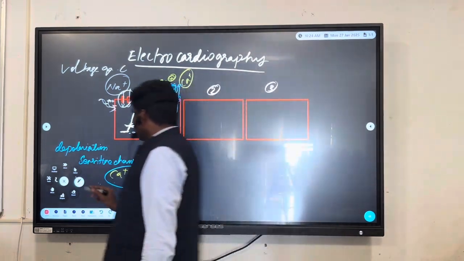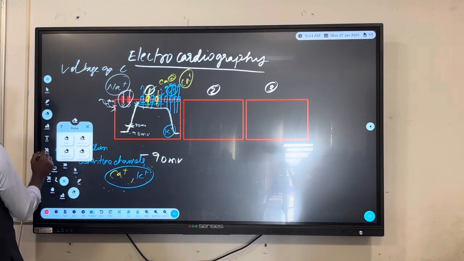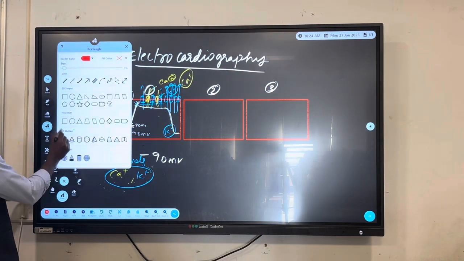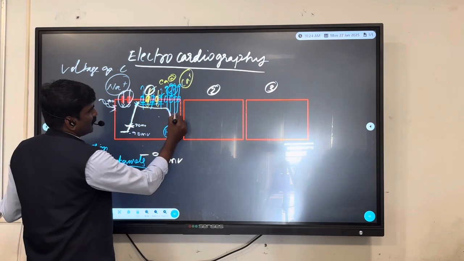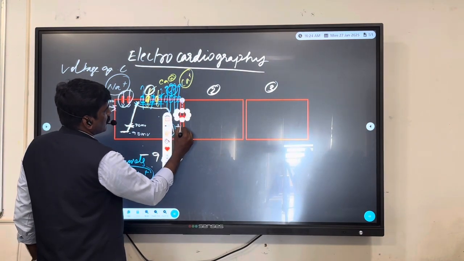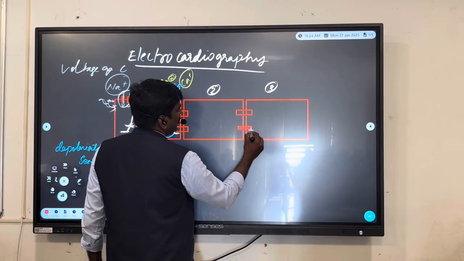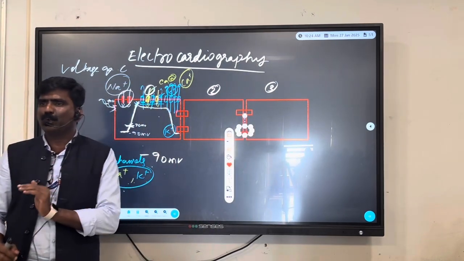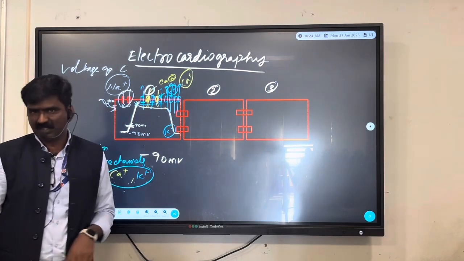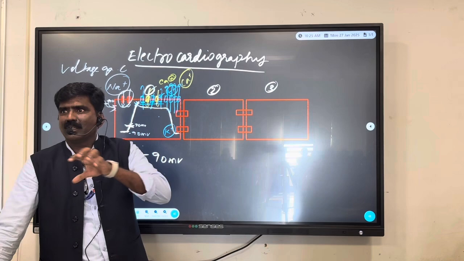Right, and second is when the first cell is depolarizing, see there are some windows, right? Between each and every cell there is a window which is called a gap junction. Each and every cell has a connection, right?